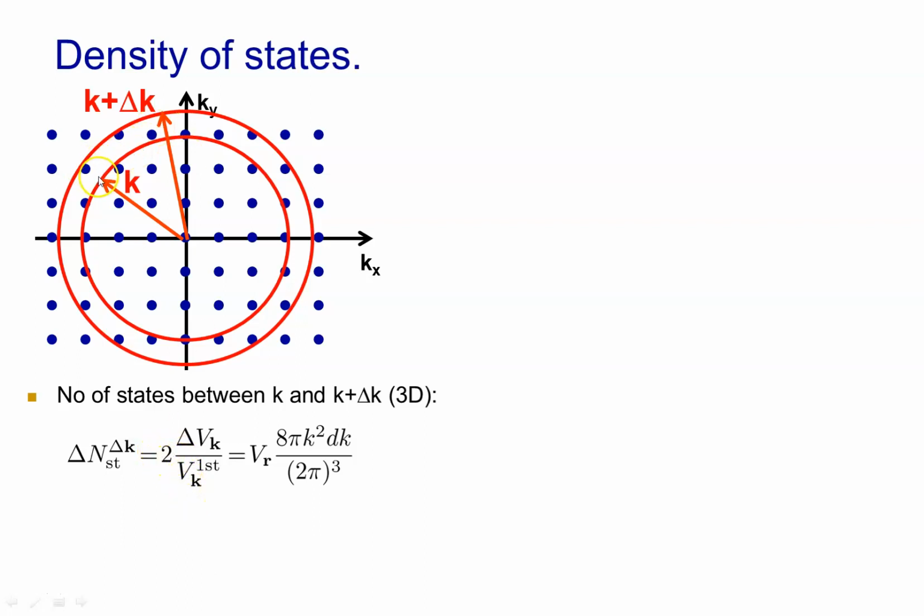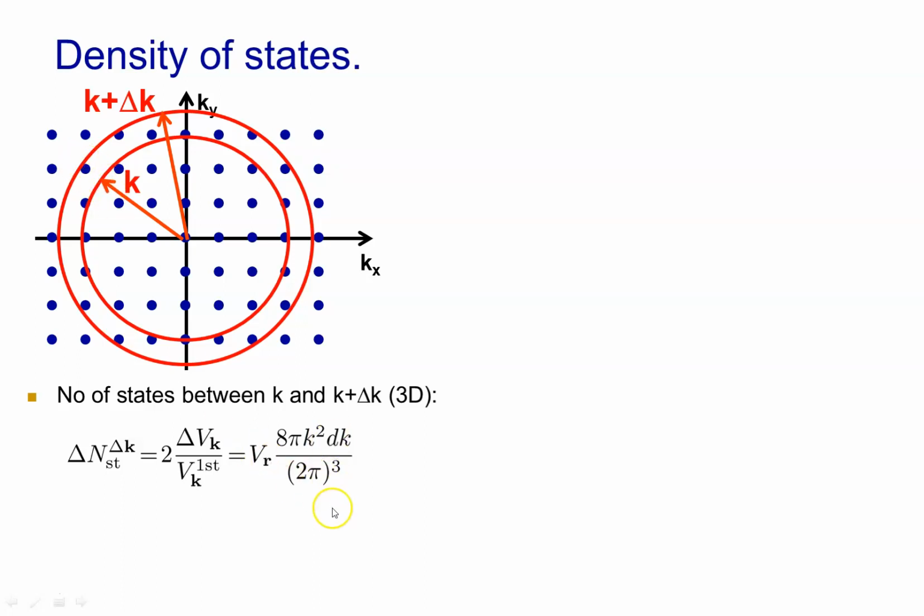And how do we count the number of these states? Well, I know the volume of one state is (2 pi over L) cubed, and I'm assuming here Lx equals Ly equals Lz. If I calculate the volume of this shell and divide by the volume of one state, I have the number of grid points in this shell.